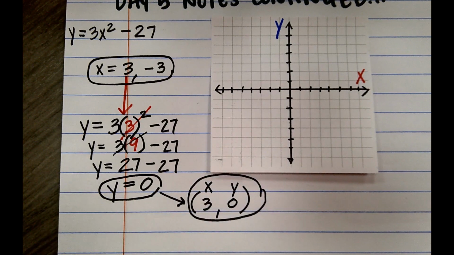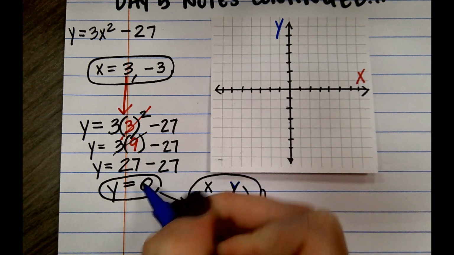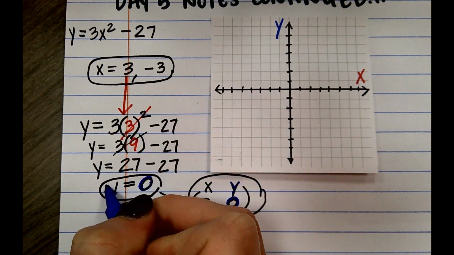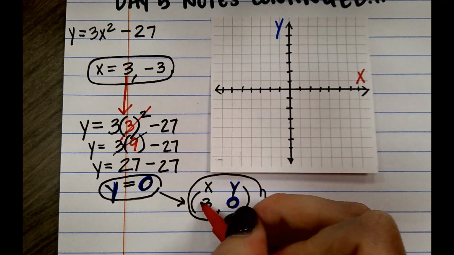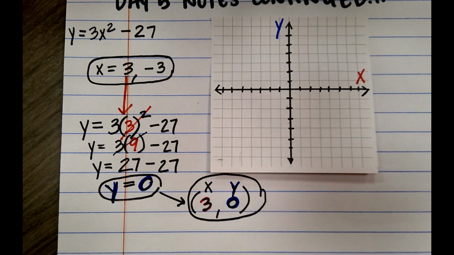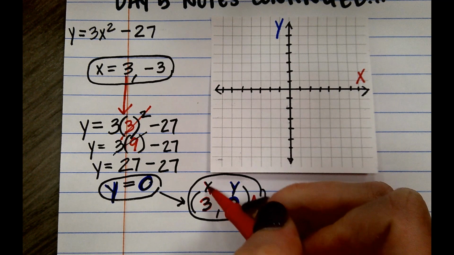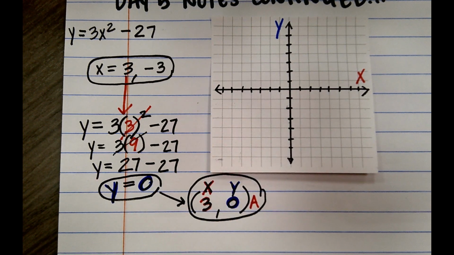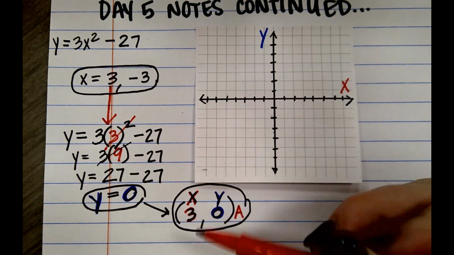Let's do some colors. Okay, and we'll call this point A. So let's graph that. You guys remember how to graph?